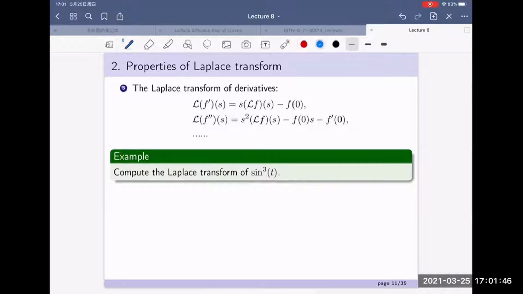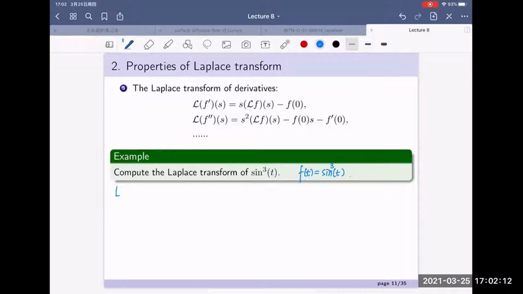Sine cubed is not on the table of Laplace transform. So let's call f of t to be sine cubed.